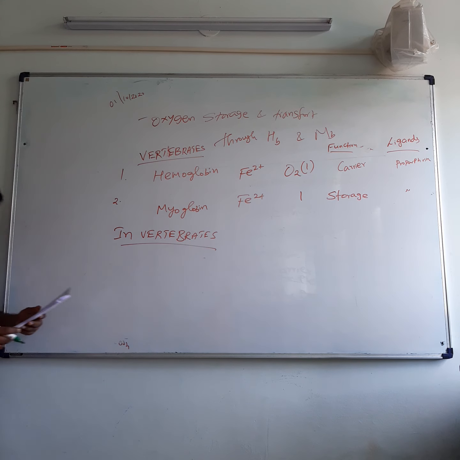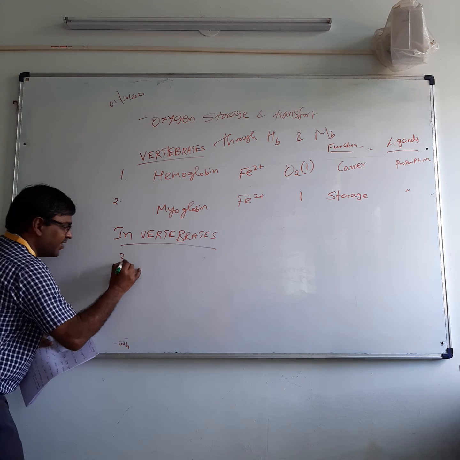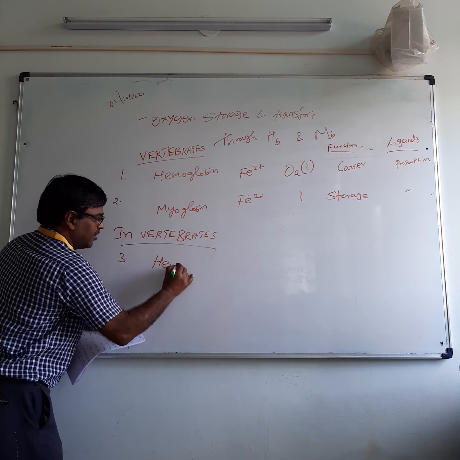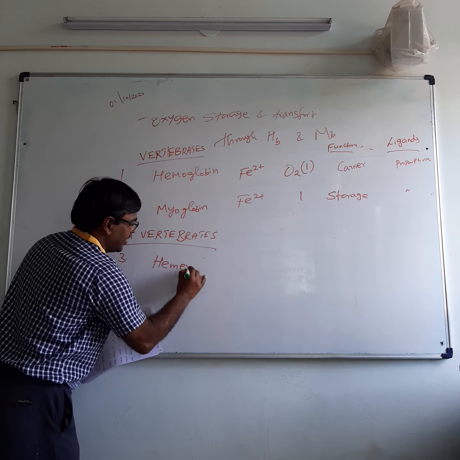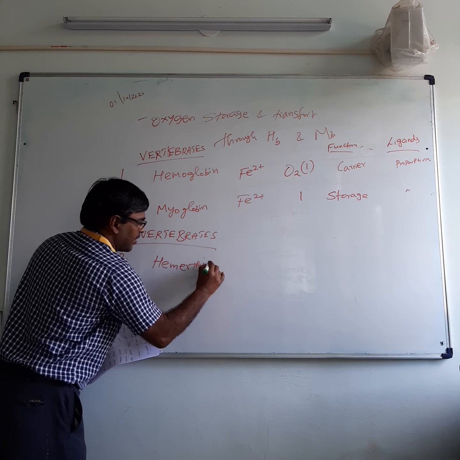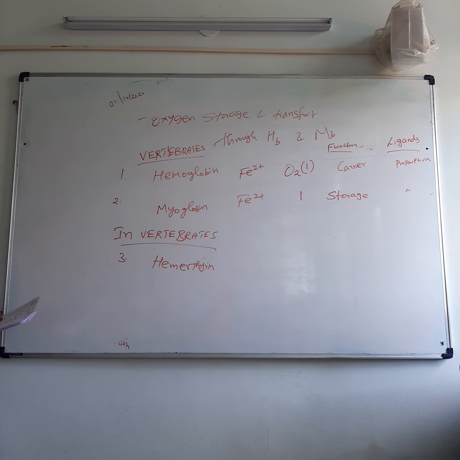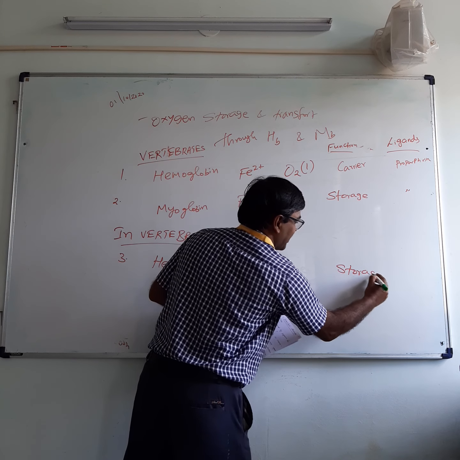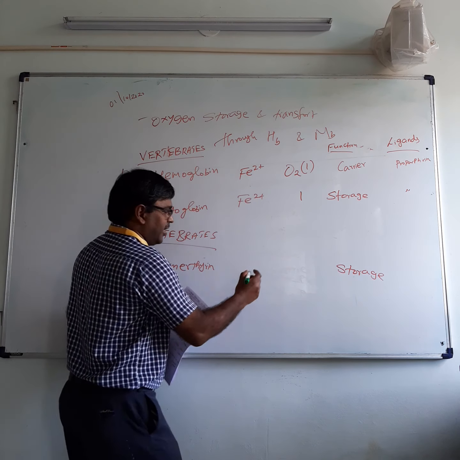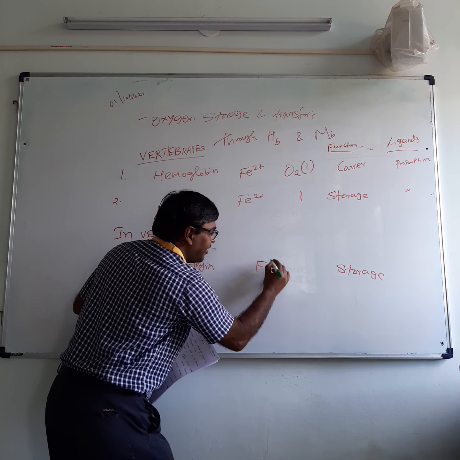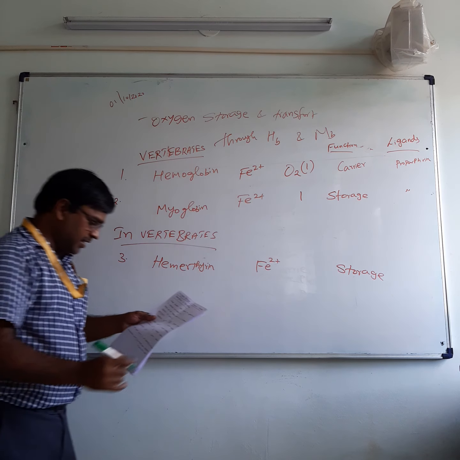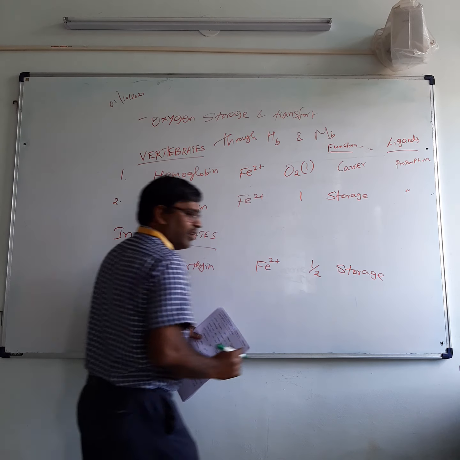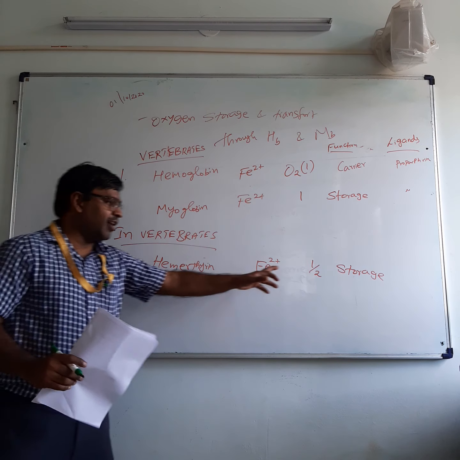In this case, one is hemerythrin, a dioxide iron protein, which is used for the storage of oxygen. Again, here also iron is in the plus 2 oxidation state, but the number of oxygen per iron center will be half.